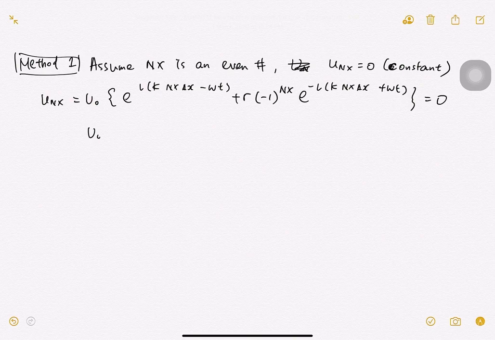Okay, and then we can do something here. So it's constant, equals 0.